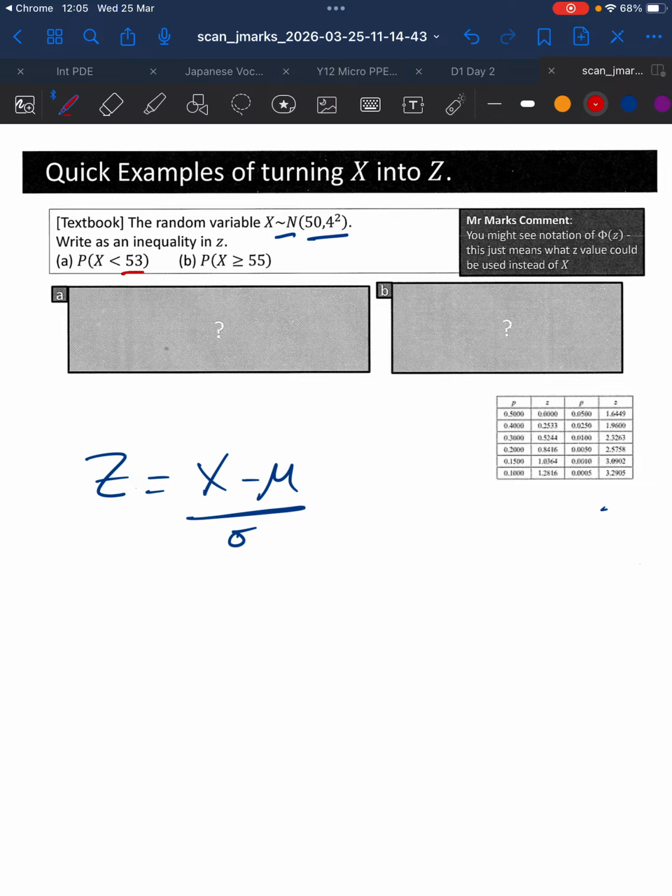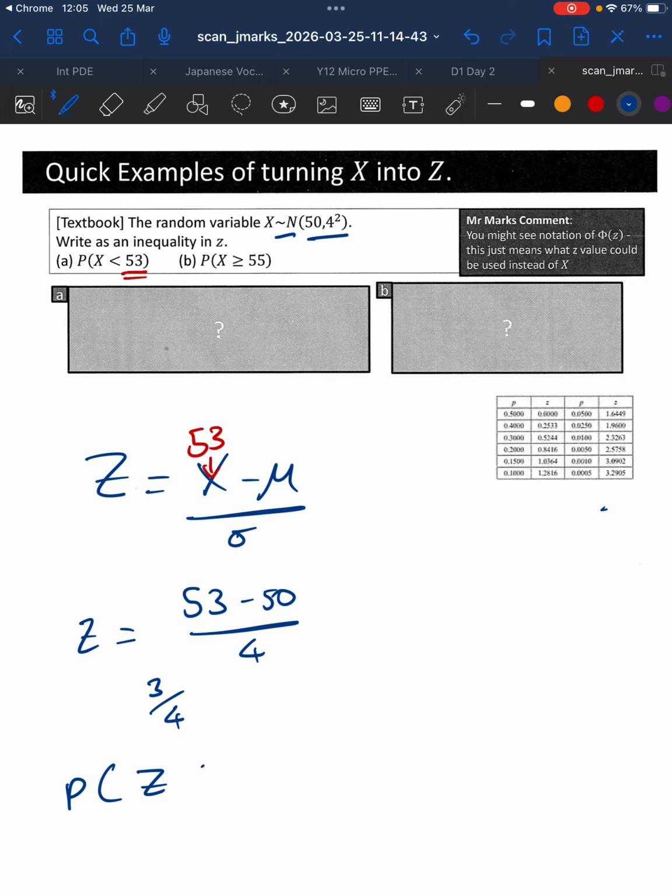So 53 is like an x value, right? So what you want to do is you want to do 53. So let's write this out. So it's going to be 53 minus 50 divided by 4. That's what the z value will be, all right? So it's 3/4. So it's the probability of z being less than 3/4, okay?